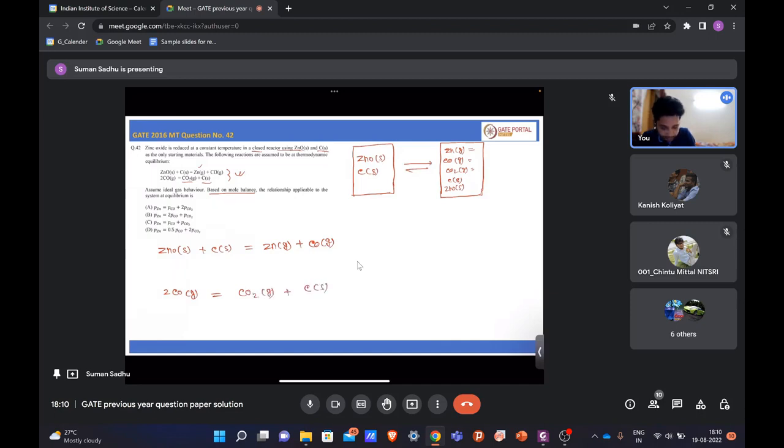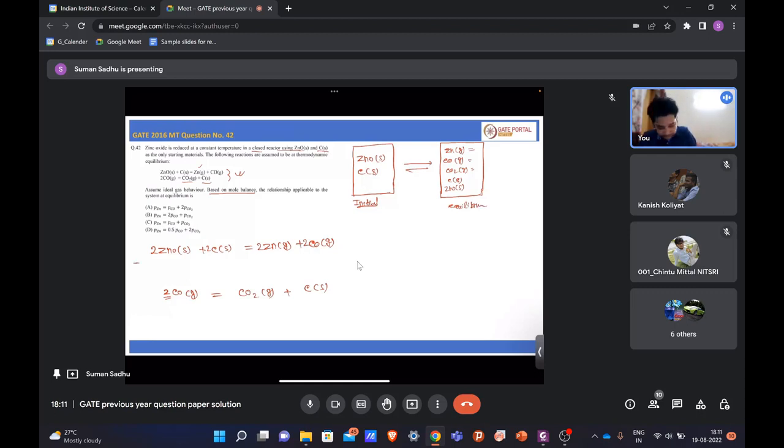As 2 moles of carbon monoxide are there, just to do the mole balance I will multiply both sides of this equation by 2. So now the mole balance for these two equations is done. This is the initial condition and this is the equilibrium.